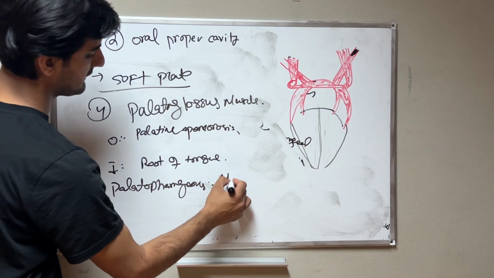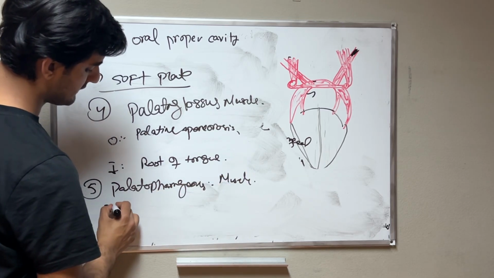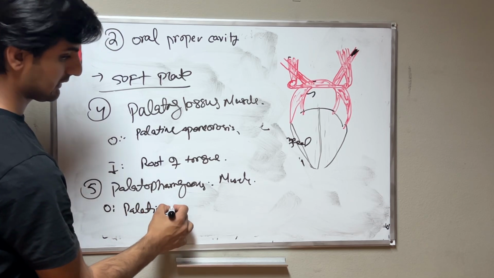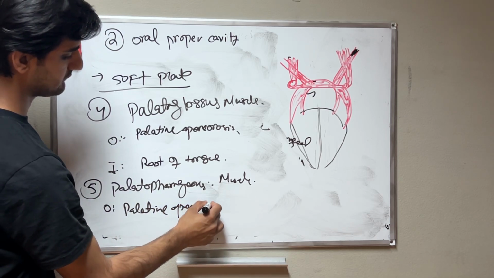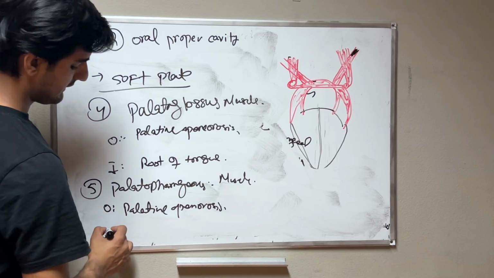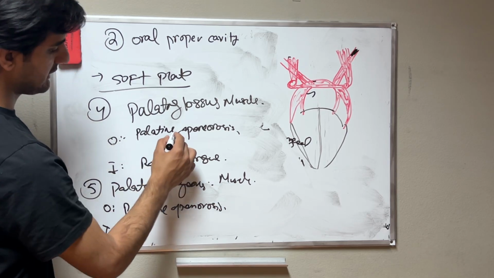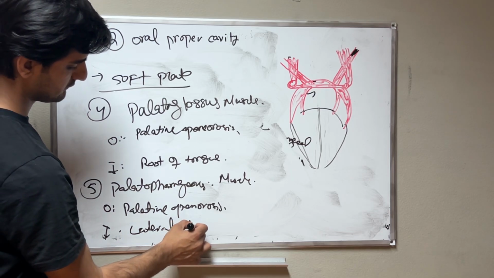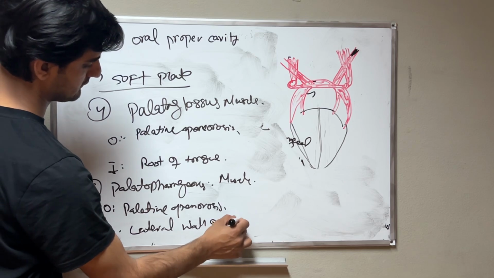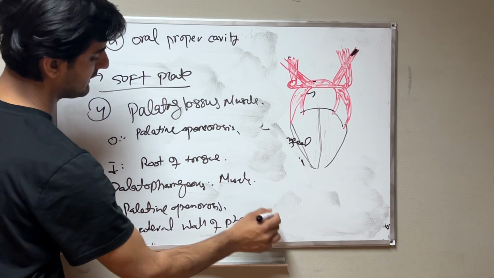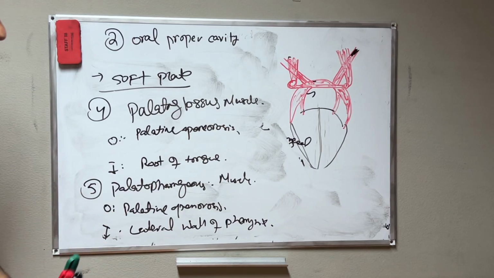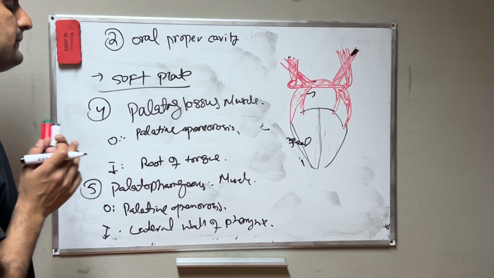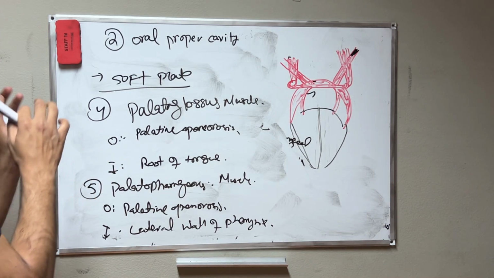The origin is from the same palatine aponeurosis, and the insertion is the lateral wall of the pharynx. These are the 5 muscles of the soft palate which I told you, and I already told you it is a bag-like shape. This is what we discussed about the hard palate and soft palate.